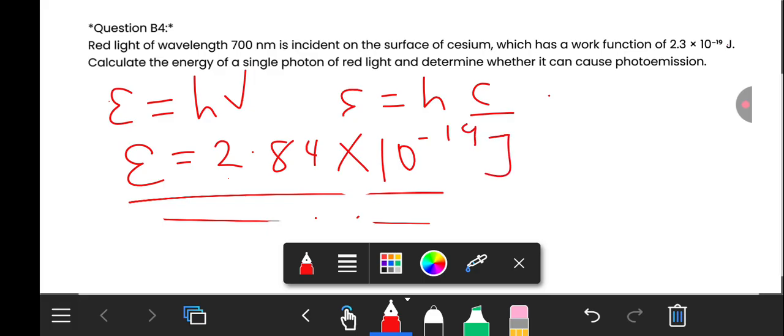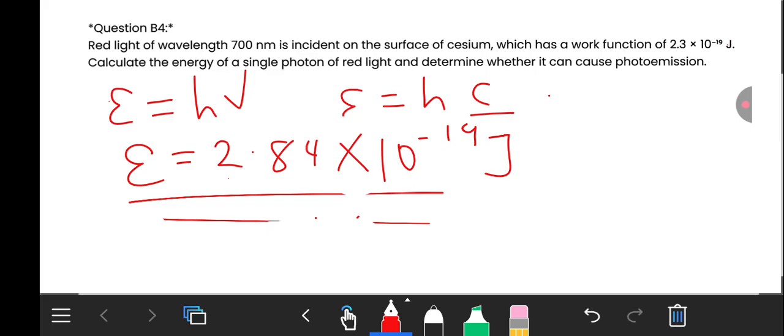We can see that the energy which we found, 2.84 times 10 to the power negative 19, is greater than 2.3 times 10 to the power negative 19.